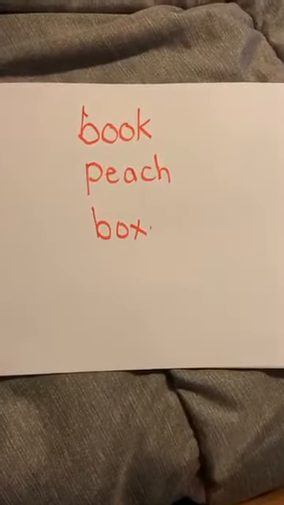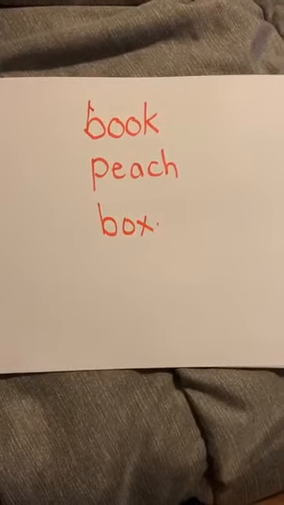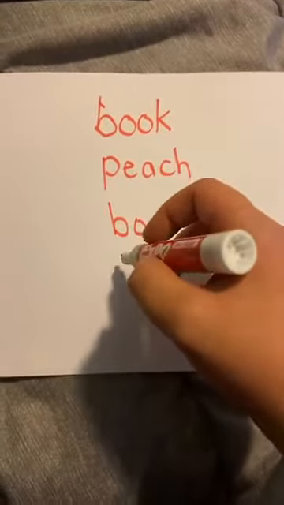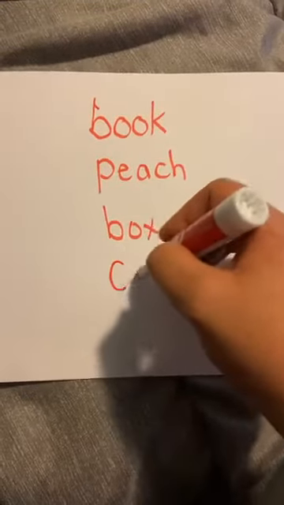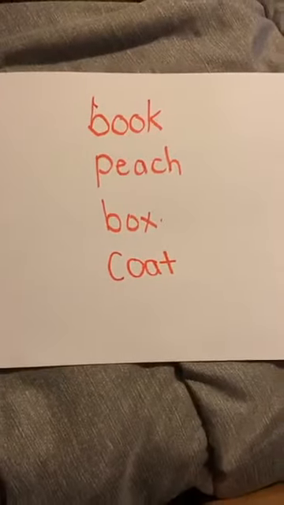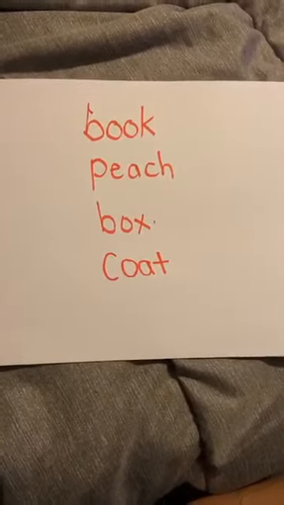Oops, I almost gave you the answer on that one. Box. And another one, let's do this one. Coat. Okay, friends, can you figure out what goes on the end of those words?